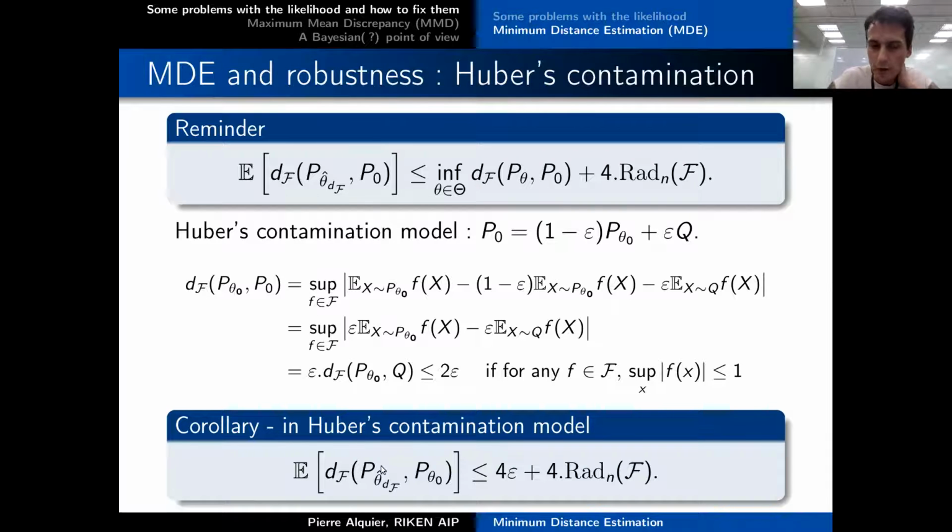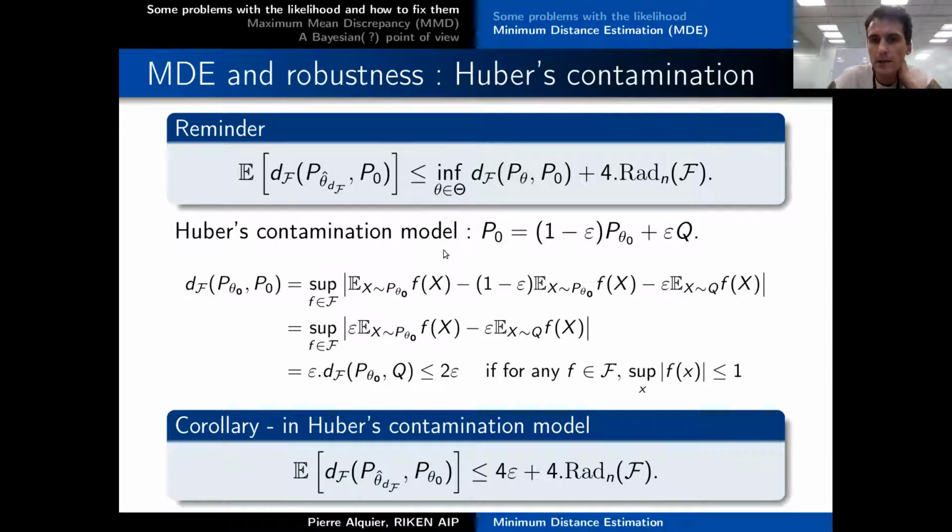You can deduce rates of convergence and recover, in some situations, optimal rates of convergence with respect to epsilon and n on theta hat. I described Huber's contamination model here because I think it is very easy to understand from the initial results how you obtain the robustness in this case.